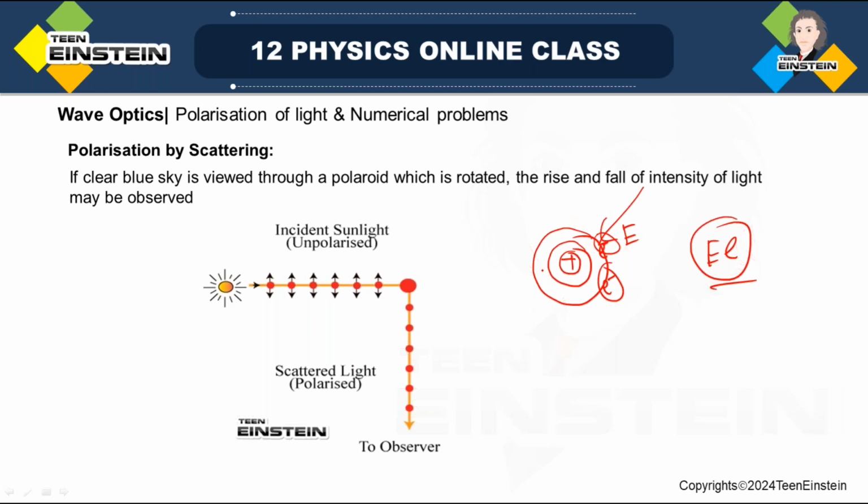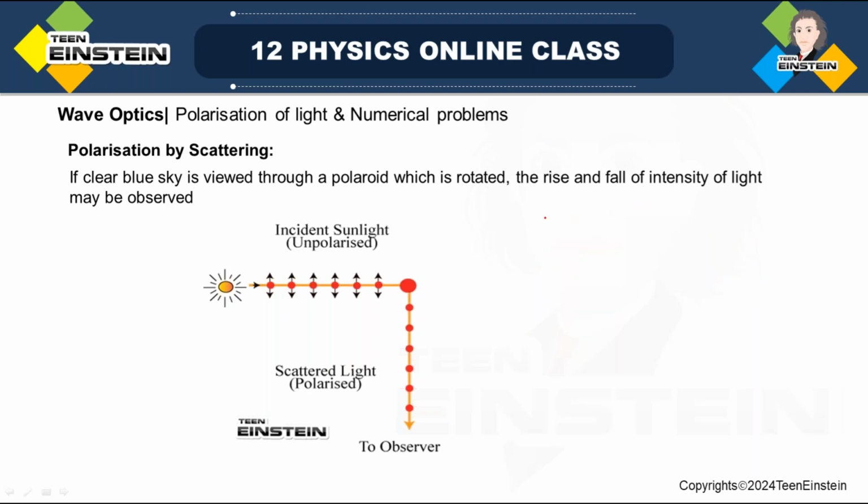But one thing you have to notice is that the electric field in the sunlight has two kinds of vibrations, one in the plane, another one out of plane, or perpendicular to the plane. Suppose this is an atom.